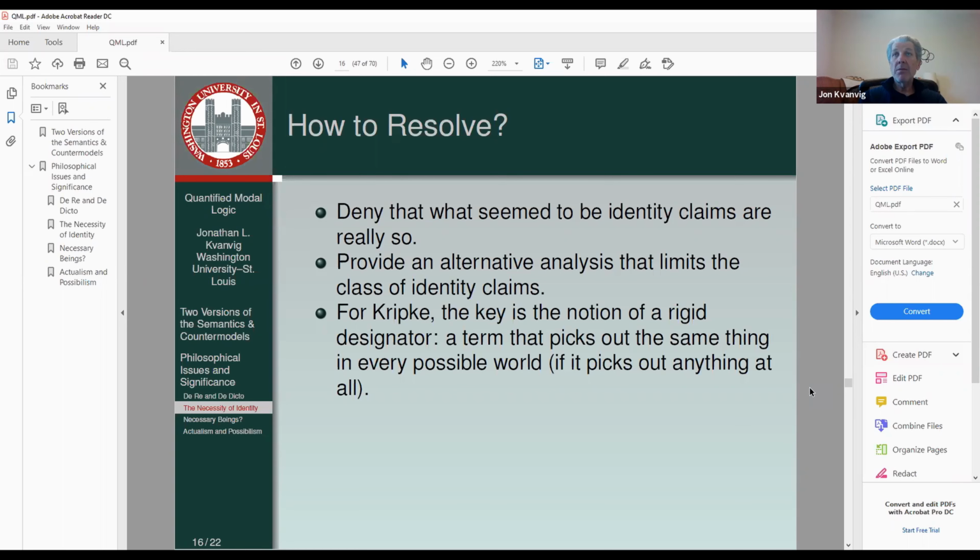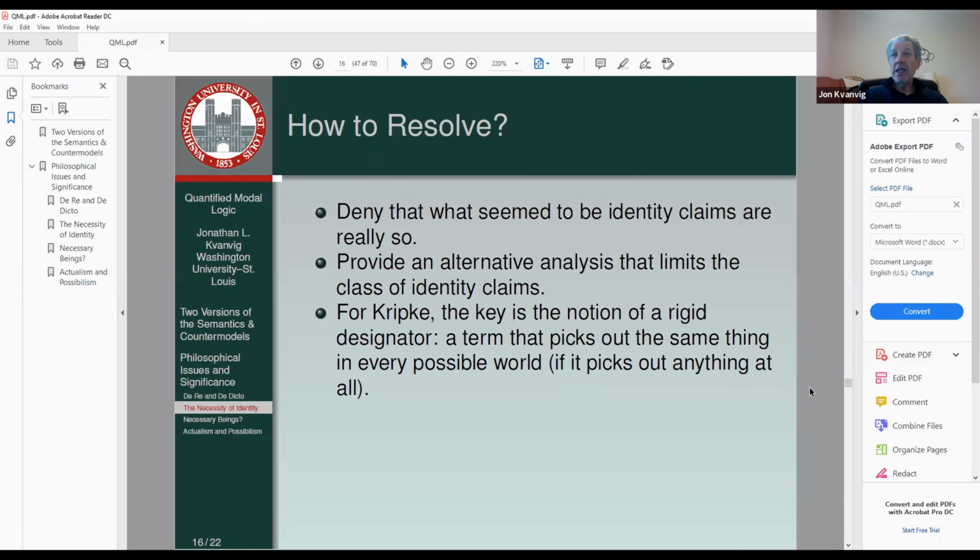Is that the same person that we're talking about when we talk about Donald Trump, the 45th president of the US? Yeah. So Donald Trump is a rigid designator. And Kripke said ordinary proper names work just like that. They are rigid designators. Okay, fine. That's good.